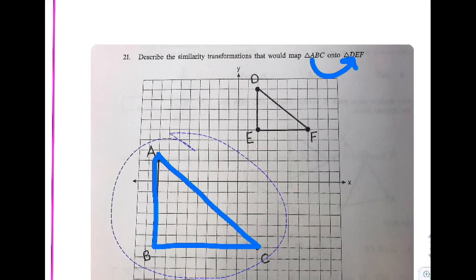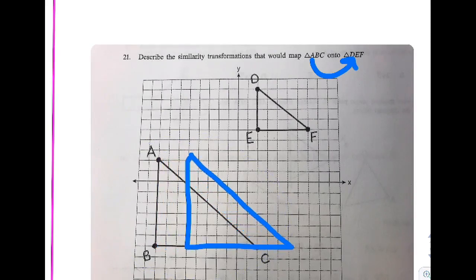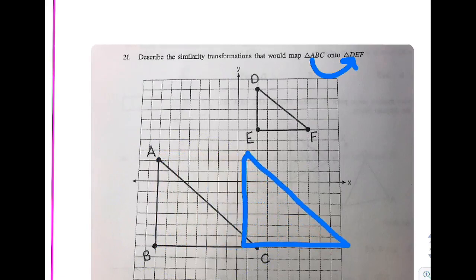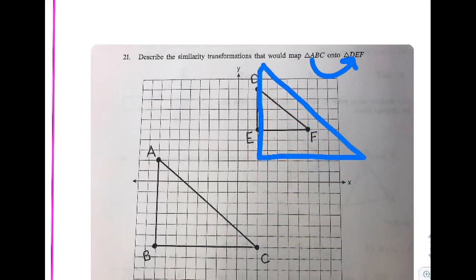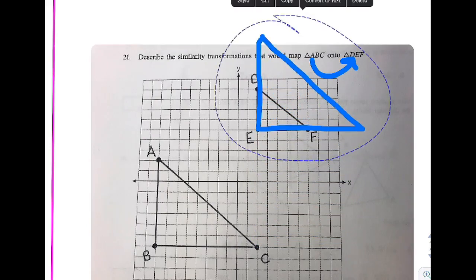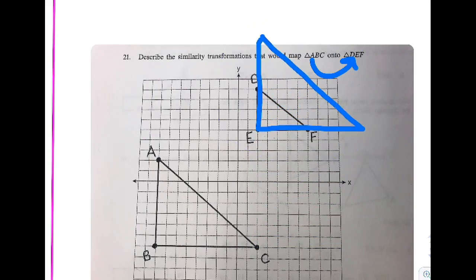So there's a couple of steps, and you can do them in different orders, or there's probably multiple ways you could do it. But the way I saw it was translate 1, 2, 3, 4, 5, 6, 7, 8, 9, 10. 1, 2, 3, 4, 5, 6, 7, 8, 9, 10, 11. So the first thing I did was I translated over 10 up 11.